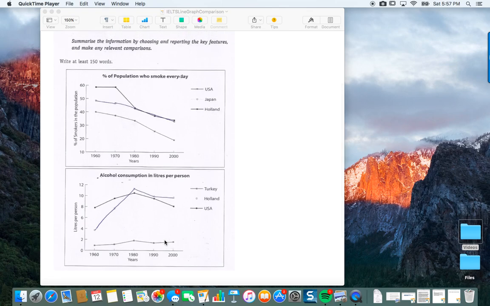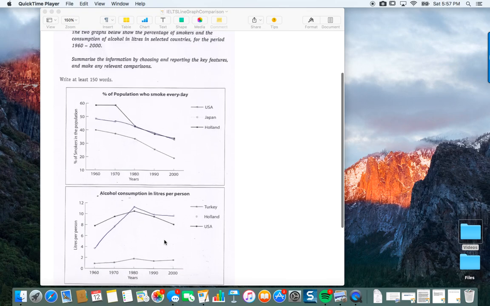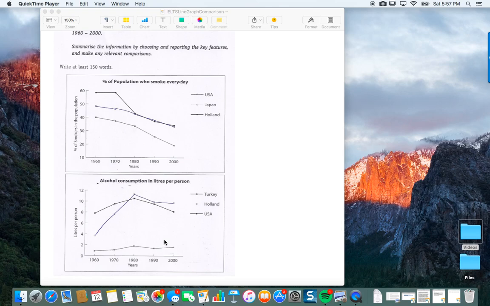But what I'd like you to do right now, if you're serious about getting that 8 or 7 in the IELTS exam, then you need to take 5 minutes to carefully analyze this data and make some notes and prepare your paragraphs. Please take that extra 5 minutes.